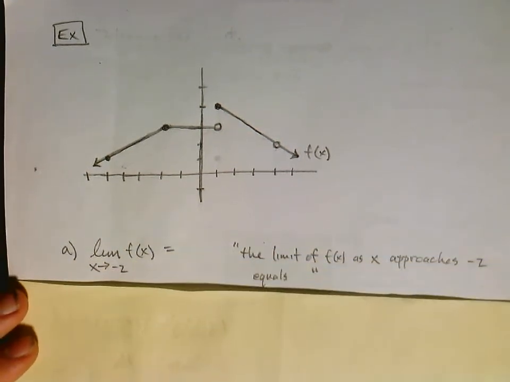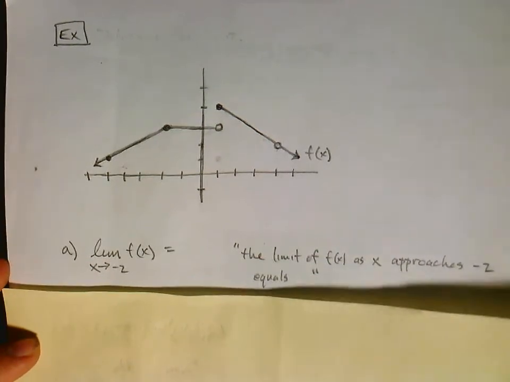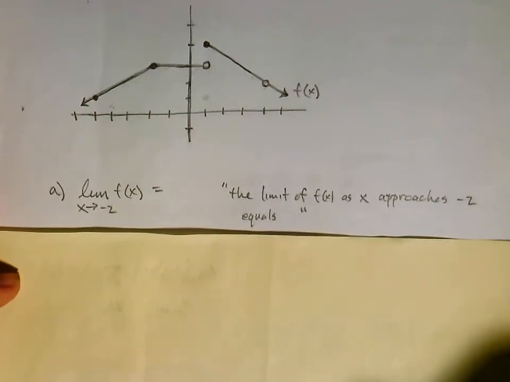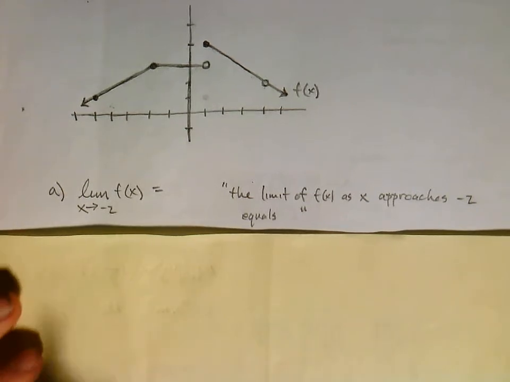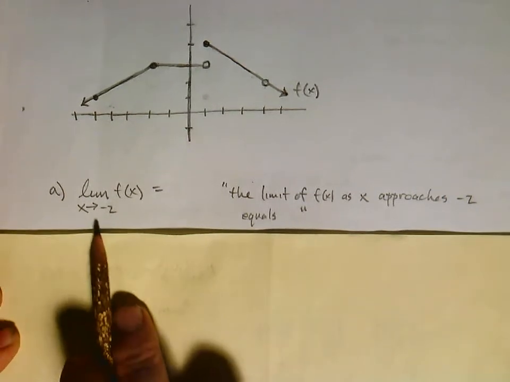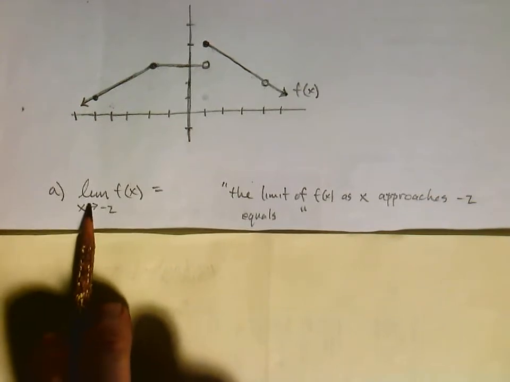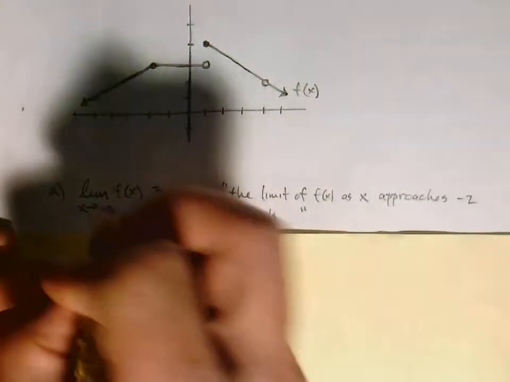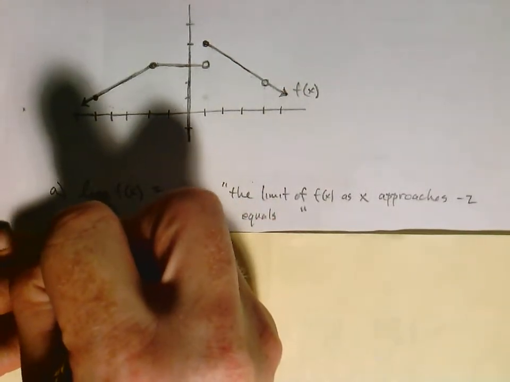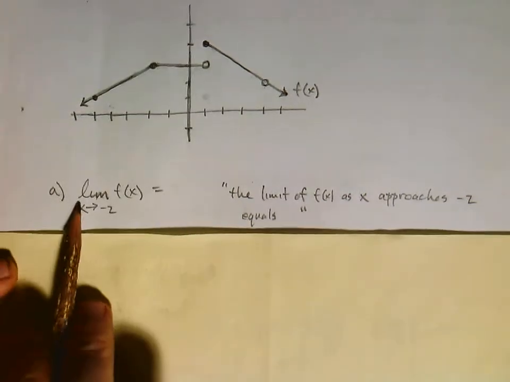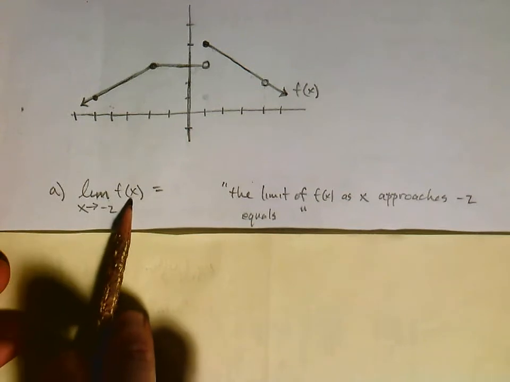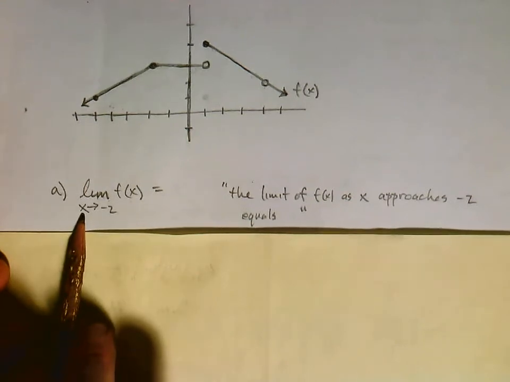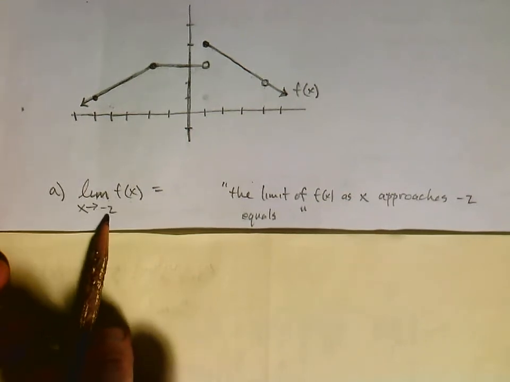So what am I asking here? Let's begin with this and ignore what you see on the right side just for the moment. Let's focus right here. Part A, we're going to think of this. What I've written here, and I've tried to be a little bit neater, is lim, which stands for limit, of f of x, and underneath is x arrow negative 2.